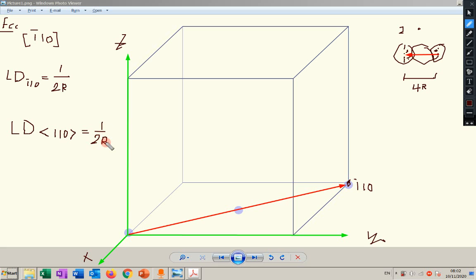This is how we represent the linear density of a family. When you say 1, 1, 0, all of them have the same density. This is a family of directions that combine between 2, 1, 1, 0. The 1 can be minus, it doesn't matter. We're representing this one, a 1, 1, 0 family member.